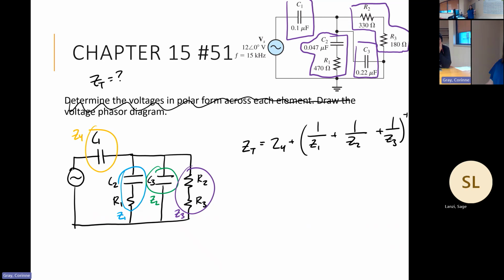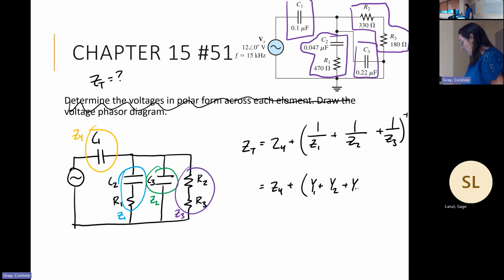Or I can have Z4 plus, at the end of the day I still need to flip it over, Y1 plus Y2 plus Y3, inverse. I would need to inverse it because I can't add Y and Z together. I have to add Z's.